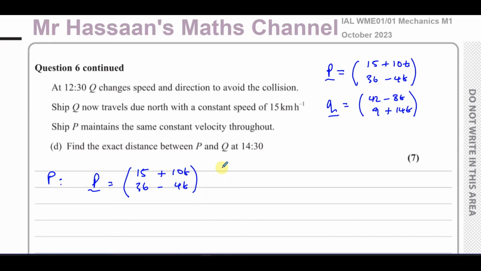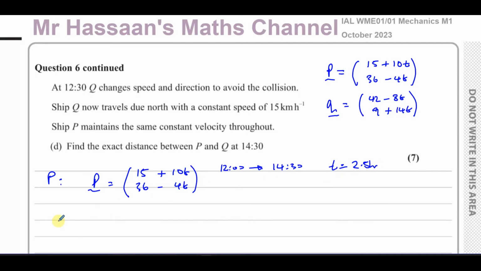So from 12:00 hours when they started until 14:30, where we have to find the distance between the two ships, which is time equals 2.5 hours, it's going on this course.